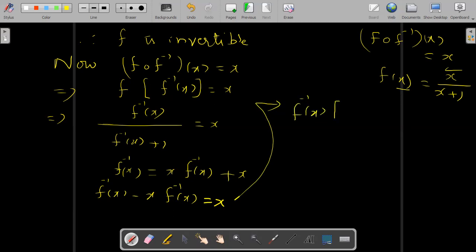If you take f inverse x common, it will become 1 minus x is equal to x. Therefore, the inverse of this function, f inverse x, will be equal to x upon 1 minus x. This is our answer, how to find the inverse. Okay.